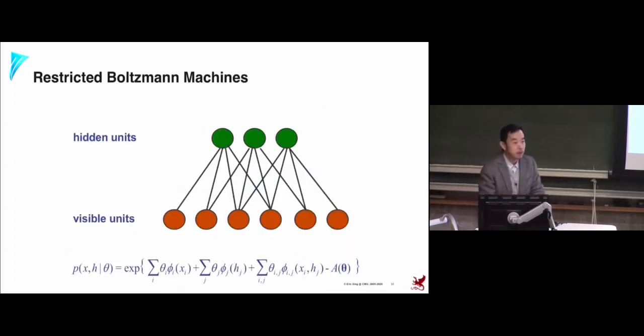Now, hopefully we have enough material and vocabulary to understand a slightly non-trivial model, which has a very, very important historical value, known as the restricted Boltzmann machine, RBM. RBM is the father, the root of the now very popular deep neural networks.